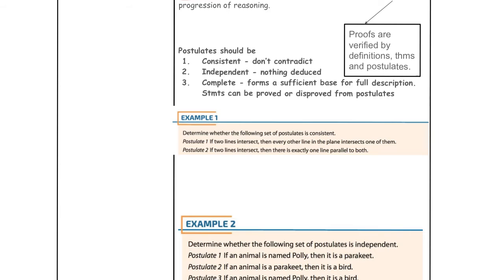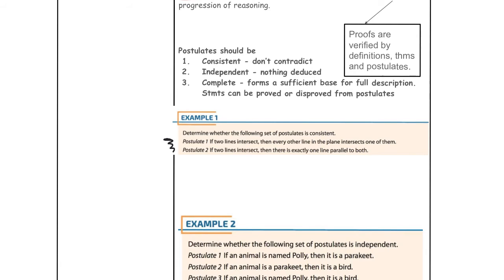Example number 1. We are asked to determine whether the following set of postulates is consistent, which means postulate 1 and postulate 2 do not contradict each other. So here are our two postulates, and we're going to find out if they are consistent. Postulate 1 says if two lines intersect, then every other line in the plane intersects one of them.